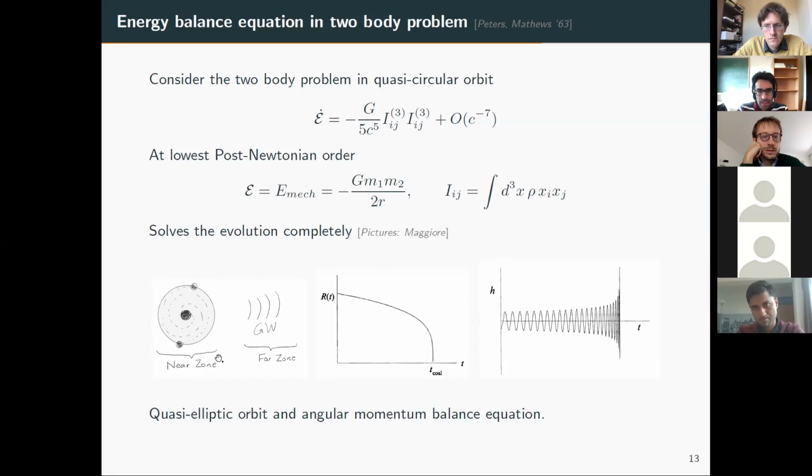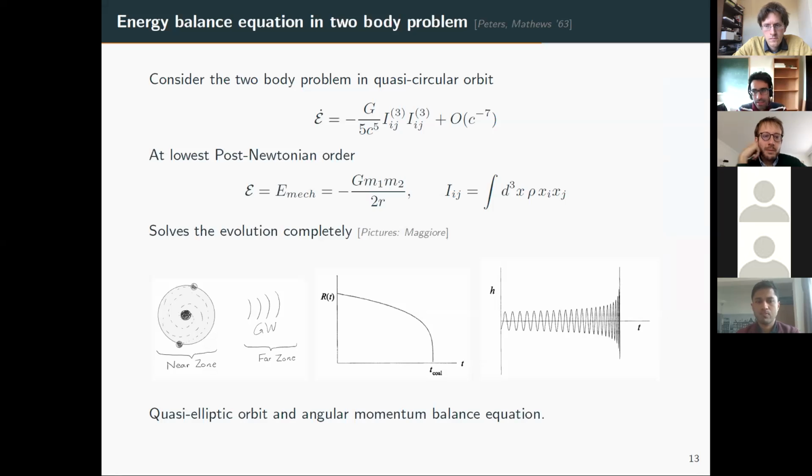But if you have, for example, objects with spin, or multiple objects, or they have internal structure, maybe the BMS balance equations become useful, but this is what you're working on.